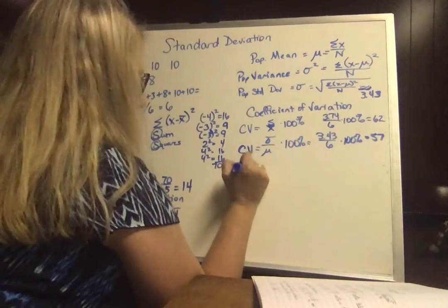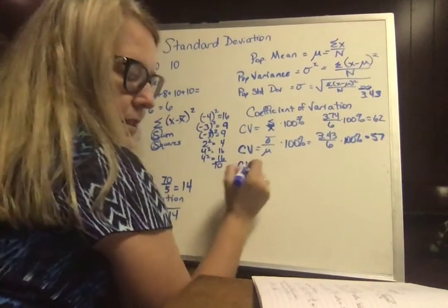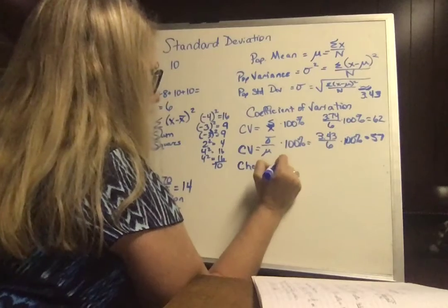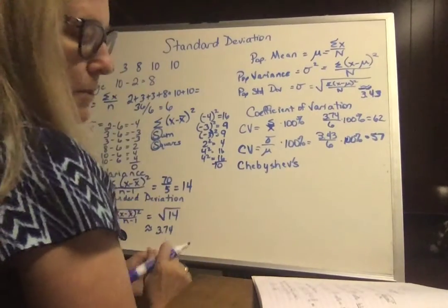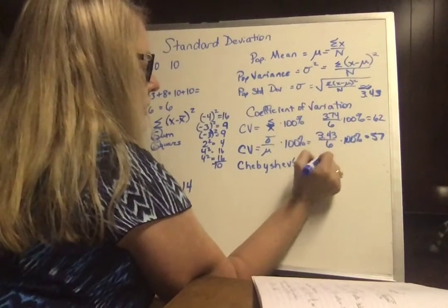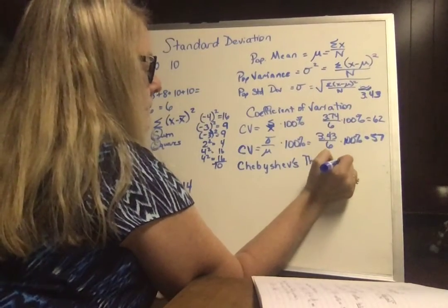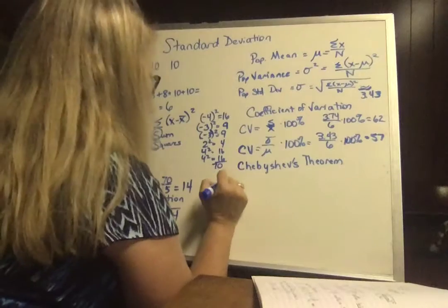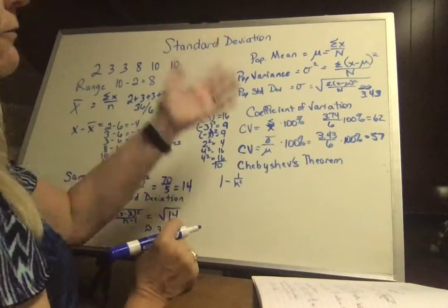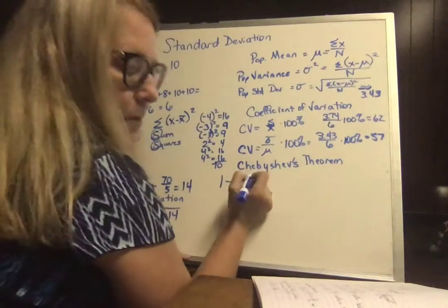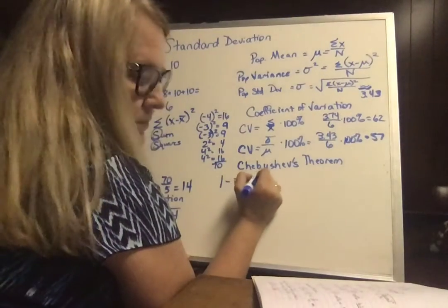And one other thing they'll have you calculate. This person, I don't know how to pronounce his name properly, Chebyshev's theorem, and it is 1 minus 1 over k squared, where k is how far it's deviating from the mean, how many units.